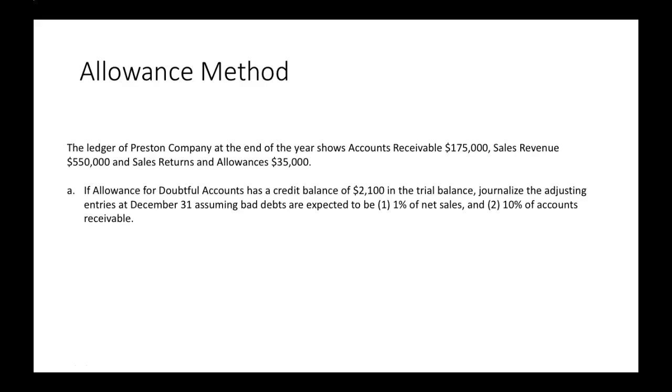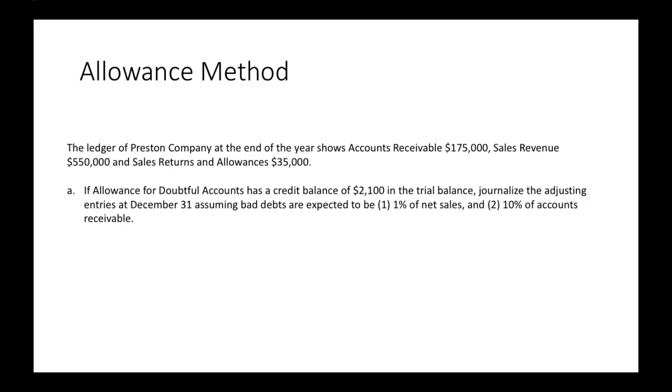Then, if your allowance for doubtful accounts has a credit balance of $2,100 in the trial balance, journalize the adjusting entries at December 31st, assuming bad debts are expected to be first 1% of net sales, and then we'll do this whole problem assuming that bad debts are expected to be 10% of accounts receivable.